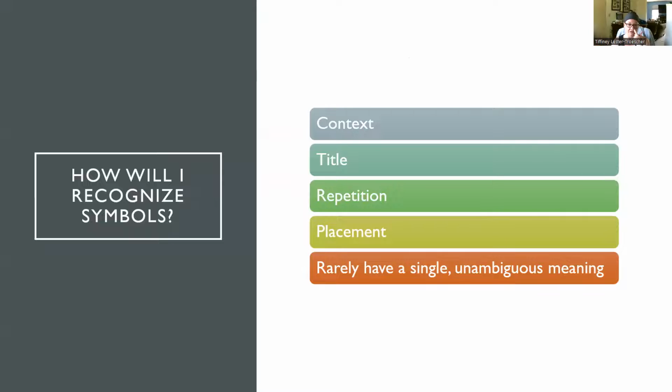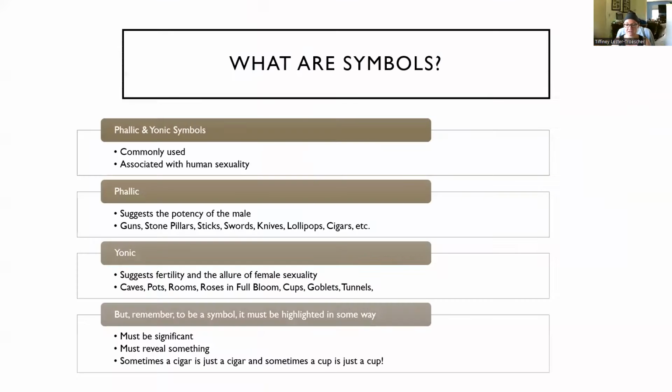How do you know if something really is a symbol? Because sometimes a cigar is just a cigar and a cup is just a cup. Remember, a symbol is something that either occurs in a significant moment or is referred to multiple times, shows up more than once in the story.